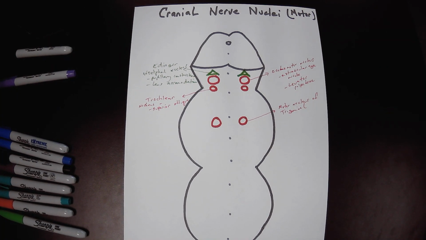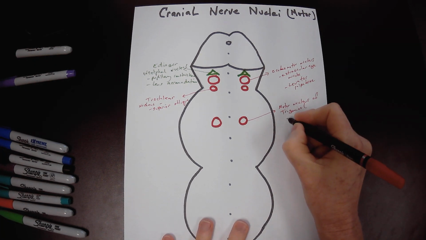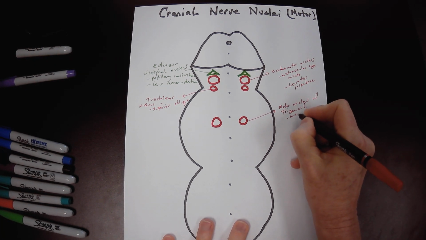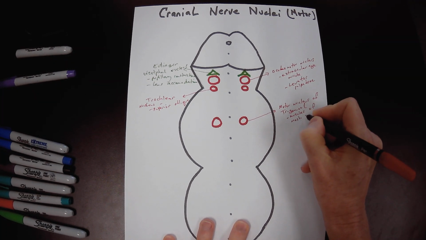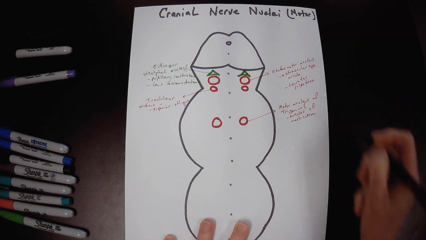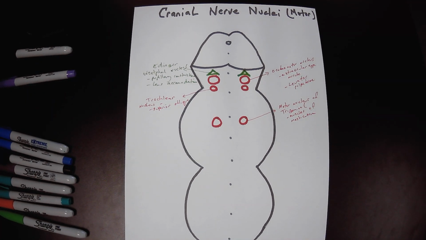And the trigeminal, what kind of motor function does trigeminal have? Muscles of mastication, perfect. So your masseter, temporalis, medial and lateral pterygoid muscles. That's the nucleus that's responsible for the motor functions of cranial nerve number 5.